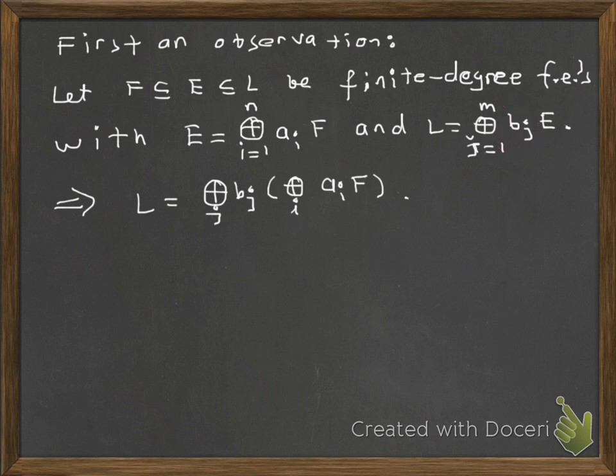So substituting here this form of E, we get this equality. Now, we would like each B_j to jump over this direct sum, retaining the directness of the sum. Can we do that?